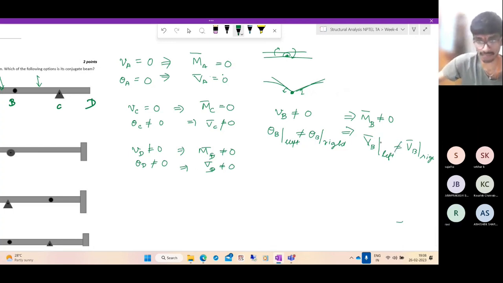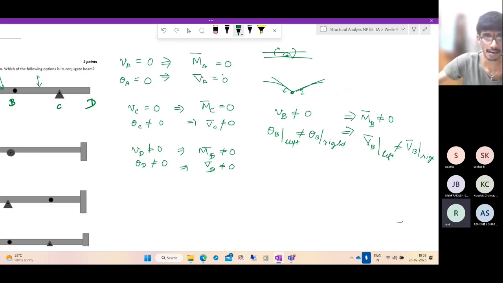What does this mean? There's a jump in the shear force diagram. When does that happen? When there is a concentrated force or a support.